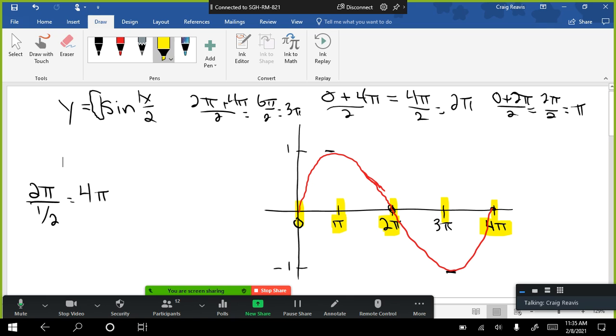And then I averaged the third and the fifth ones to find the fourth tick mark. Okay. Now, once I've got my tick marks, all sines are going to basically be the same. It's going to start at the center, go up to the top. The next tick mark is when it's coming back down through. The next tick mark is when it's bottoming out. And the last tick mark is where it gets back to where it started.